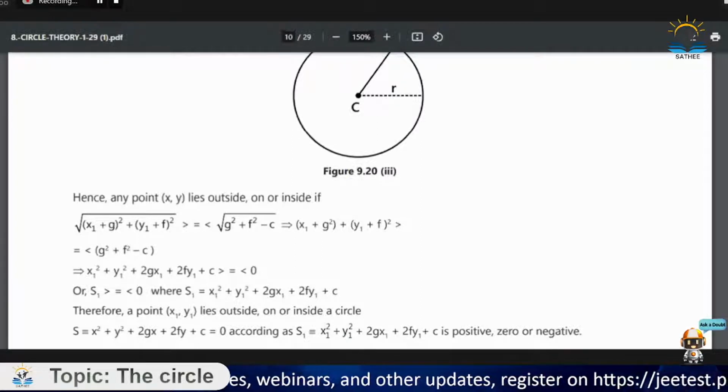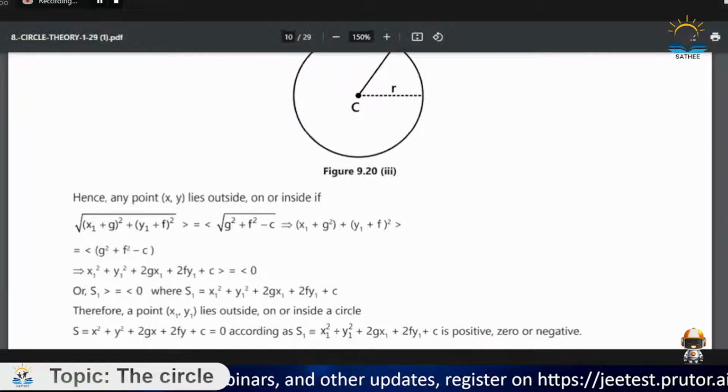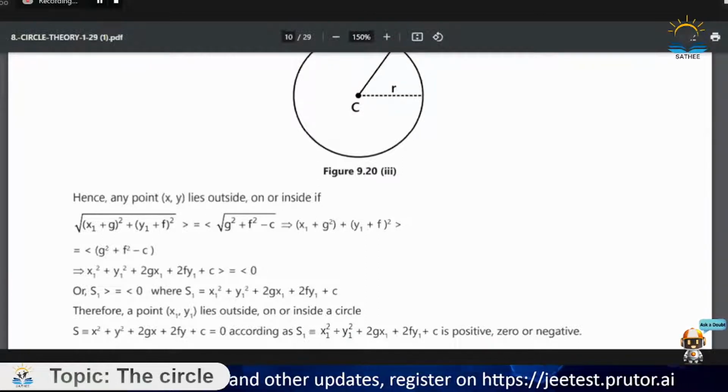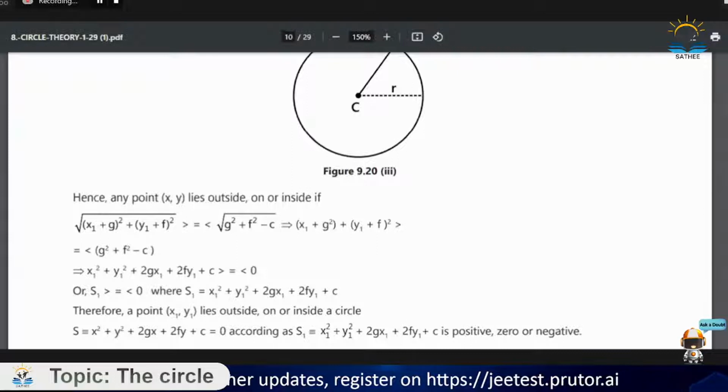The value would be 0 if it lies on the circle, and the value of the equation would be greater than 0, that is, positive, if the point is outside the circle.